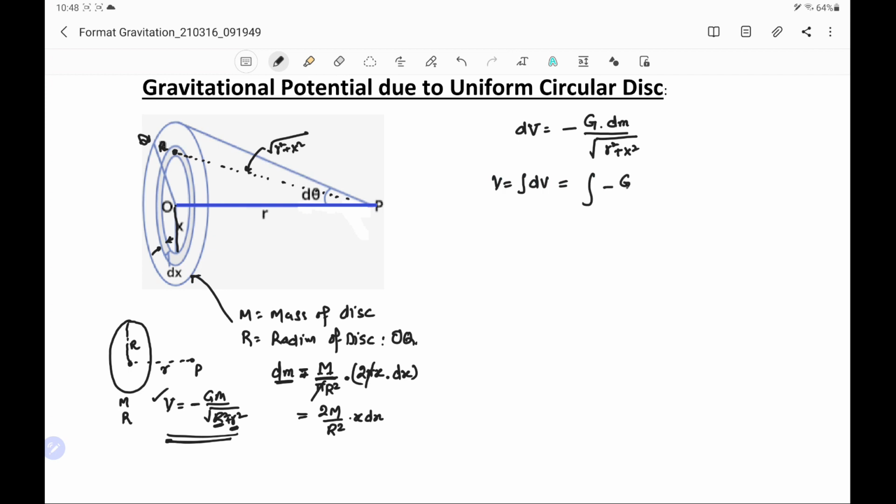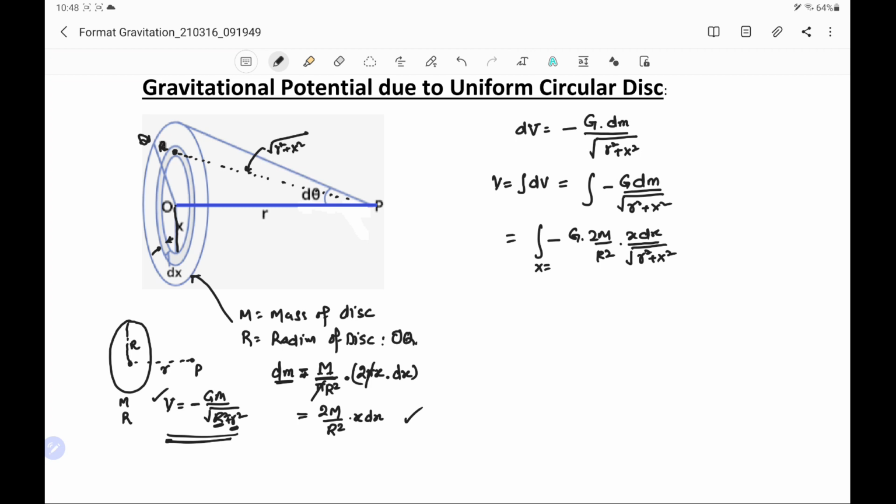Now to find the total potential, we integrate it, and it is equal to the integral of minus G dm over root r square plus x square. Now we put the value of dm, which we have calculated here. Then it will be the integral of minus G, dm is 2M by R square into x dx, and the remaining is root r square plus x square. To find the gravitational potential because of the whole disk, the elementary ring has radius x, so we have to vary x so that it covers the whole disk.